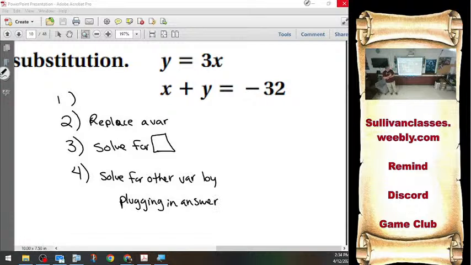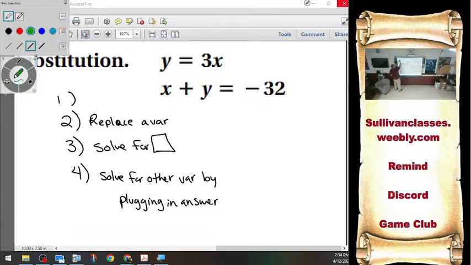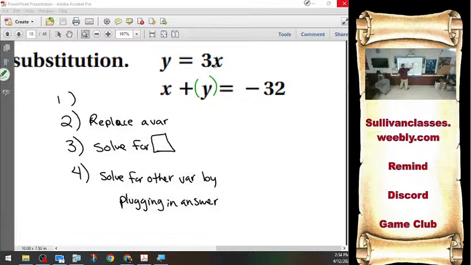Okay. So step 1, I said if y is this stuff, I replace y. Step 2, I'm going to solve this equation for x.